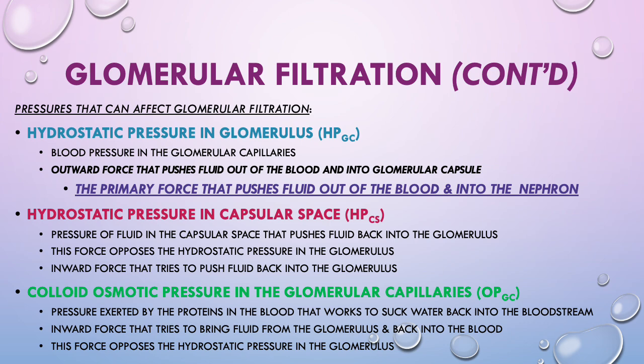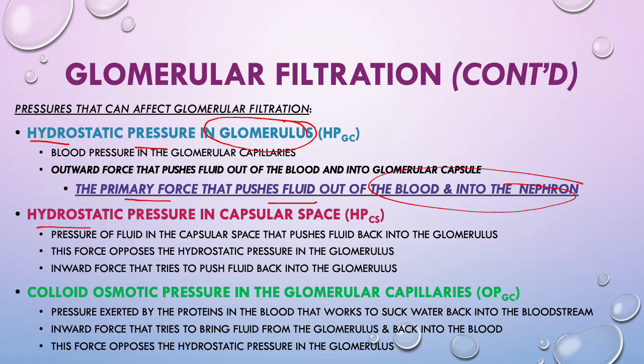So as we were talking, there are several forces that are going to help with the filtration. Glomerular filtration is a passive process where forces act as the main driver of the filtration. The biggest of them all is going to be the hydrostatic pressure of the glomerulus, okay? This is the main force that is going to push fluid into the nephron, okay? There are going to be other forces trying to bring stuff back into the glomerulus.